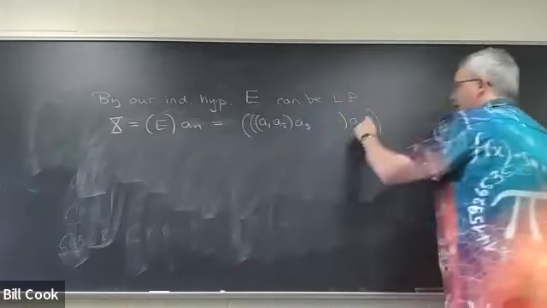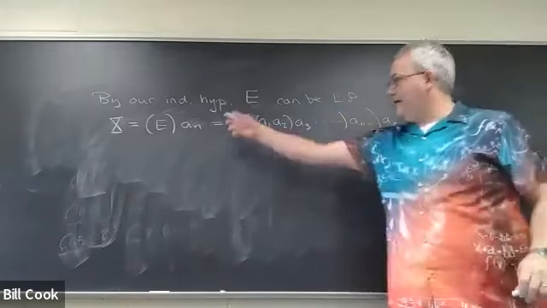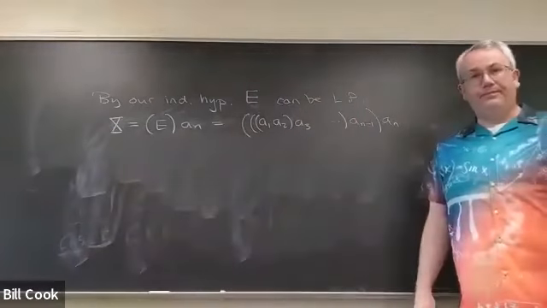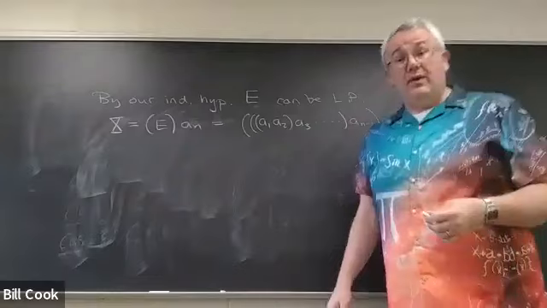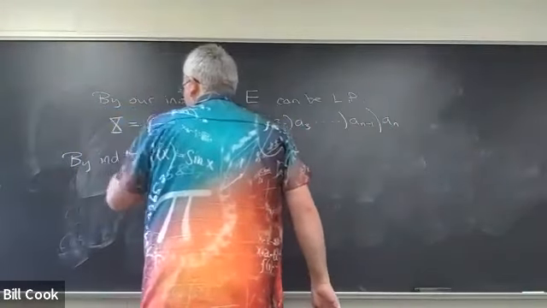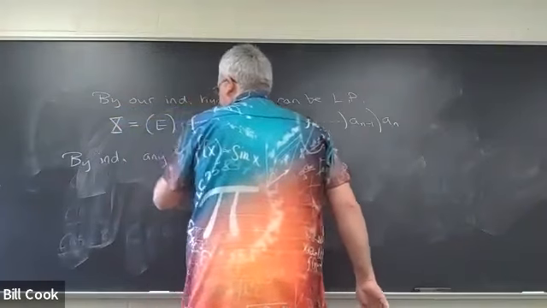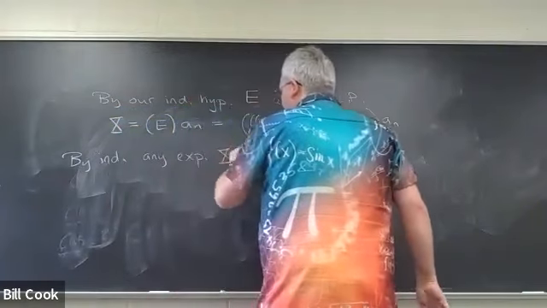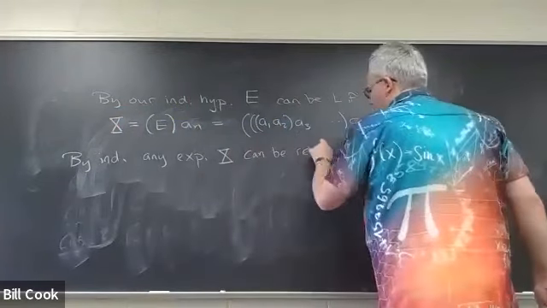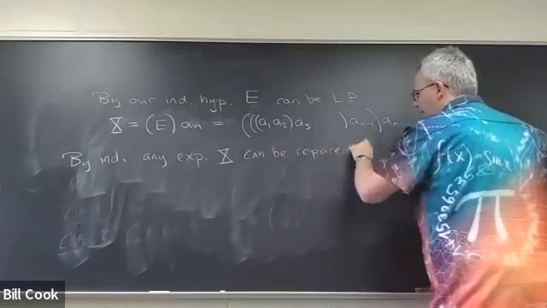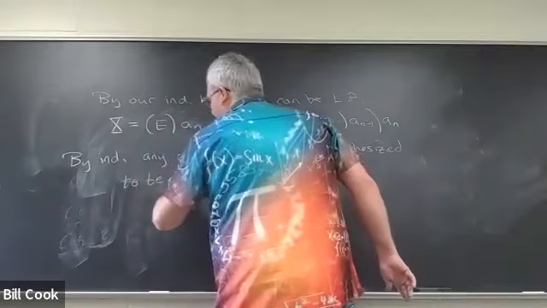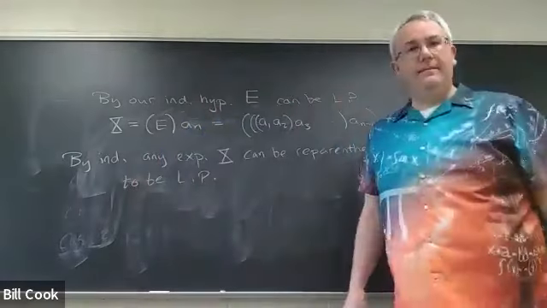There's E, and then a_n at the end. So here's E left parenthesized, and then we have that. So what have we just shown? We have just shown by induction that any expression X can be re-parenthesized to be left parenthesized.